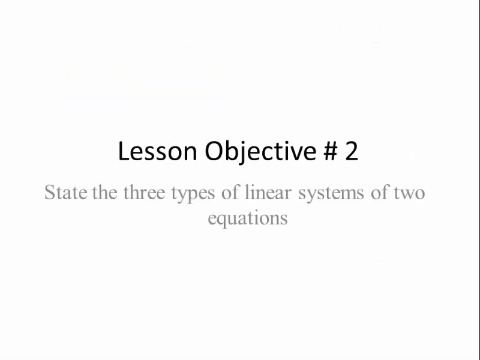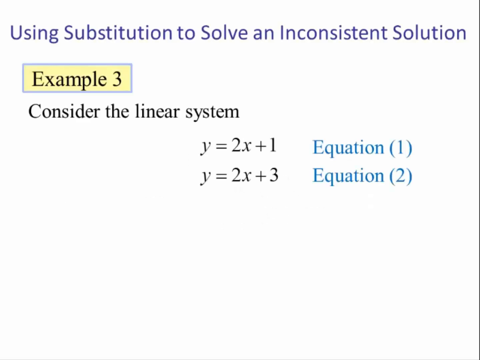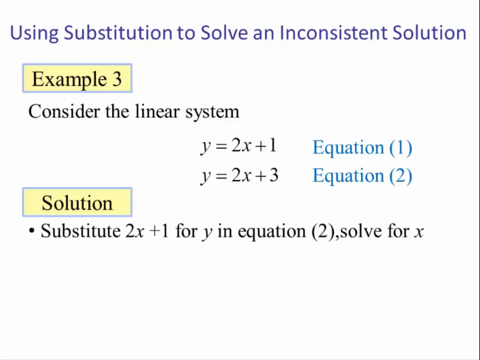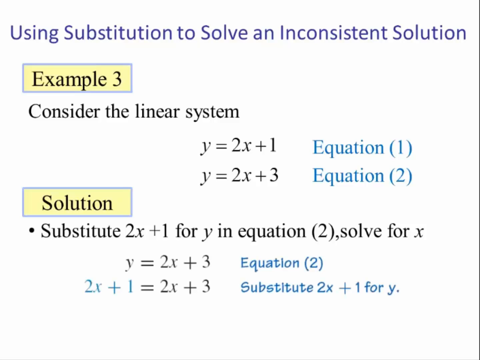Lesson objective number 2. Example 3. Consider the linear system y equals 2x plus 1, y equals 2x plus 3. If we substitute 2x plus 1 for y into the second equation and solve for x, we have 2x plus 1 equals 2x plus 3.